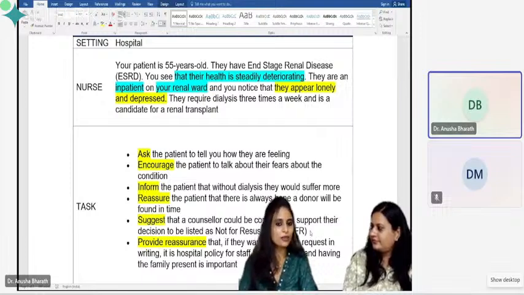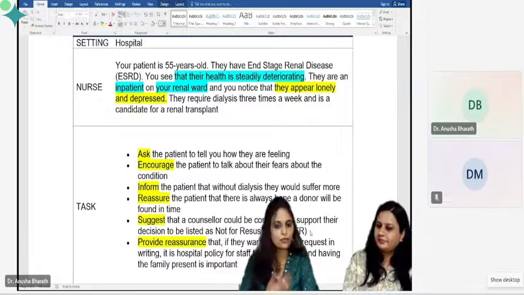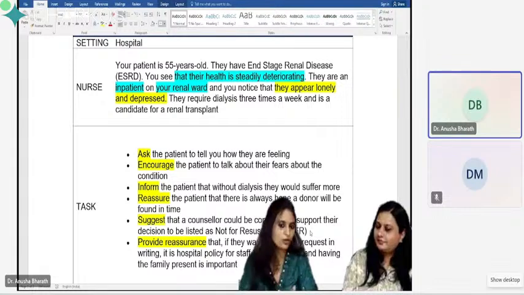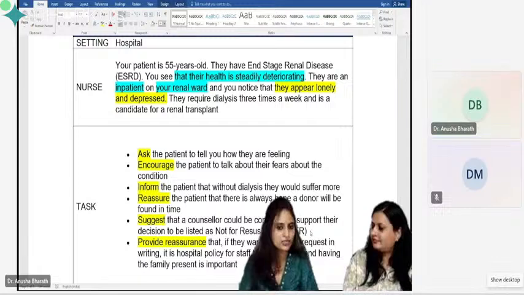But let me tell you, Abraham, that you have to be really hopeful about this, and we from the hospital side are very hopeful about finding a donor in time, and you will lead a healthy life.